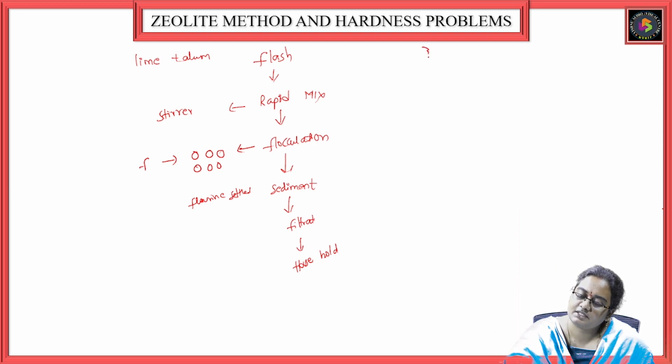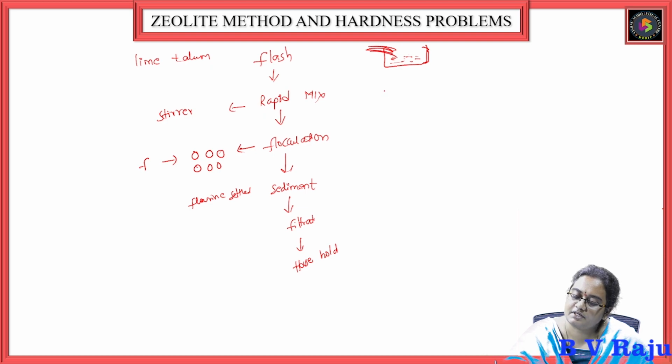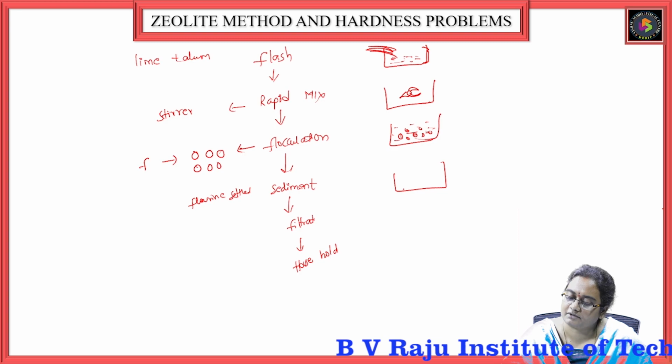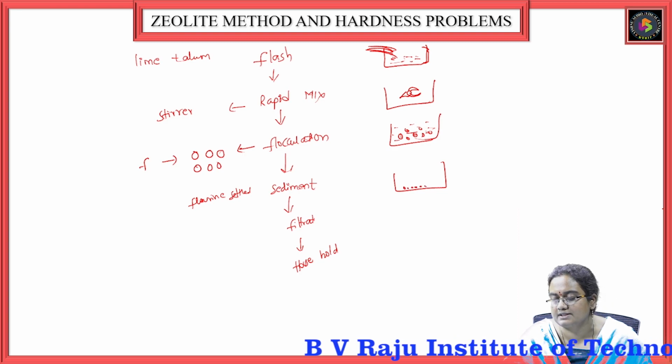Okay. First one, flash. Next one is your rapid mix. Rapid mix is done by using your stirrer. Next one is your flock formation. Next one, sedimentation. The particles get totally settled here.